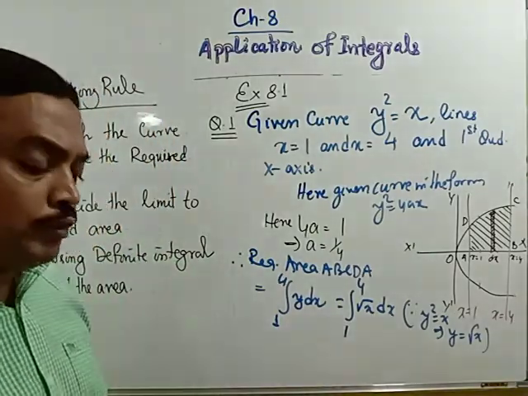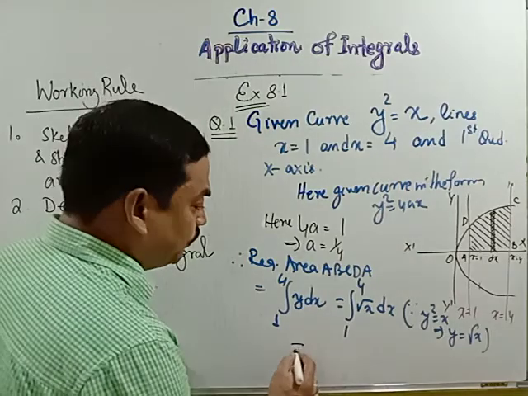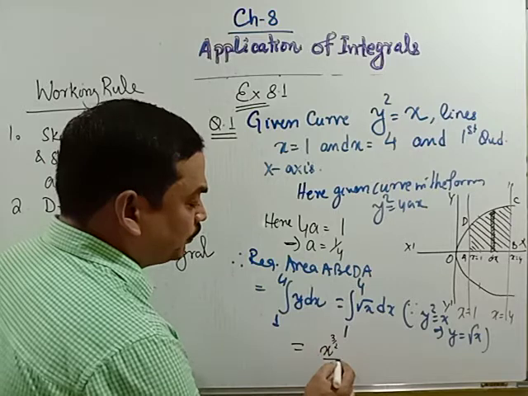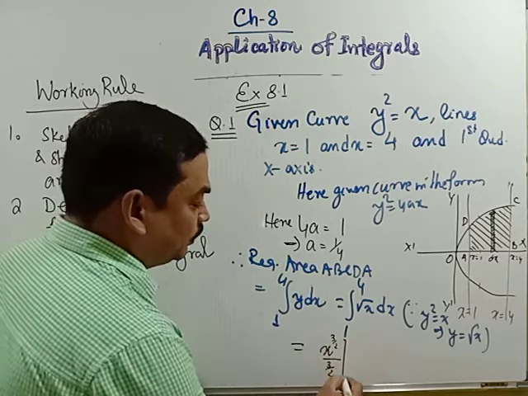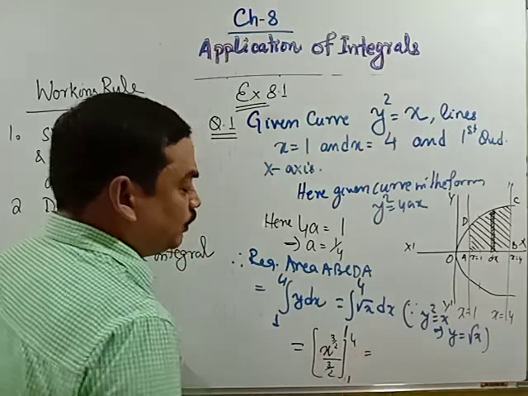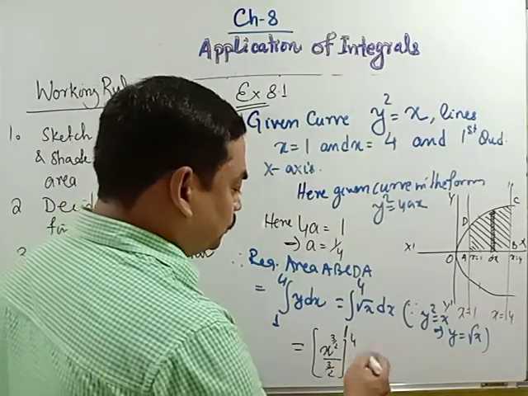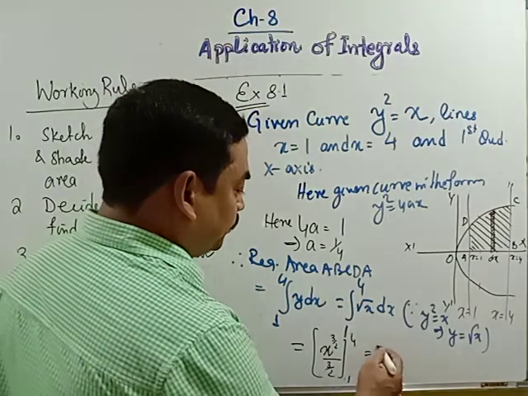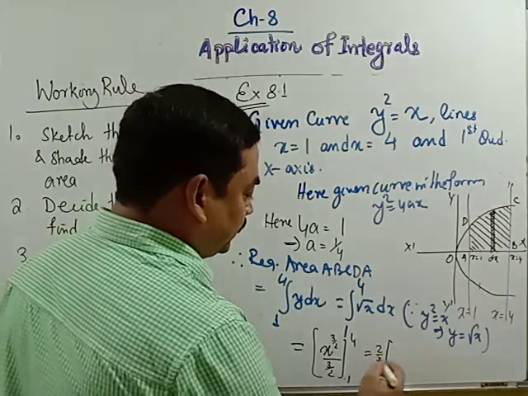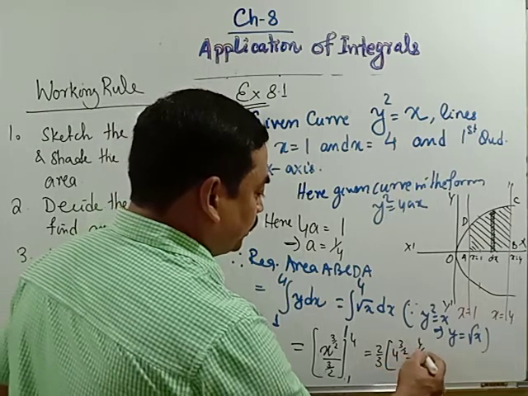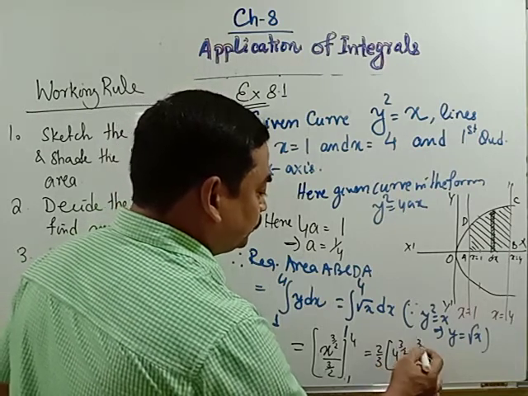The integration of root x, that is x to the power 1 by 2, will be x to the power 3 by 2 upon 3 by 2, and the limit is 1 to 4. Applying the limits, this will be 2 by 3 outside, 4 to the power 3 by 2 minus 1 to the power 3 by 2.